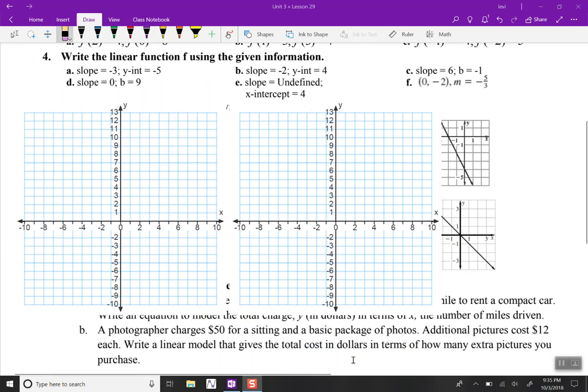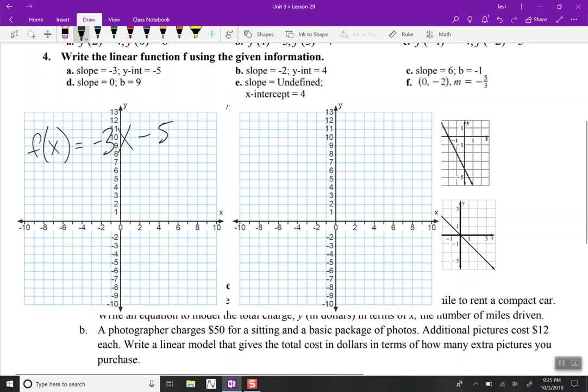Question 4, write the linear function f using the given information. So let's just say f of x equals, this will be a, slope of negative 3, so that's negative 3x, y-intercept of negative 5, minus 5.